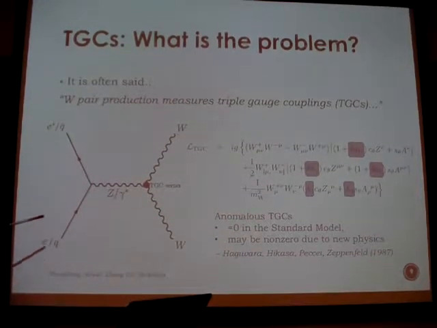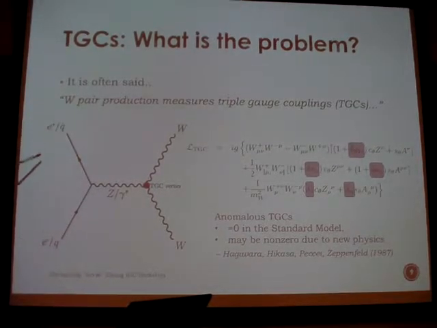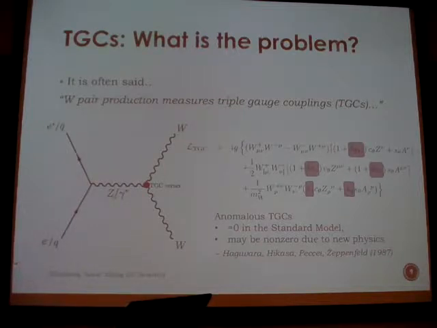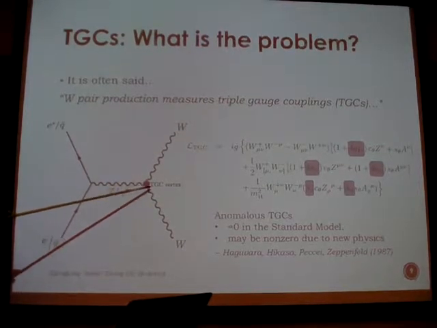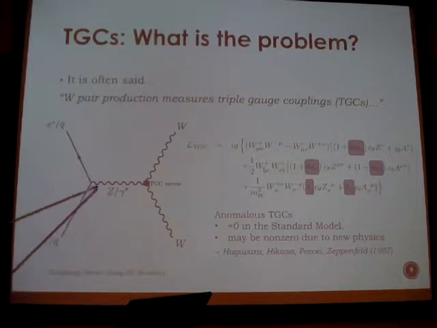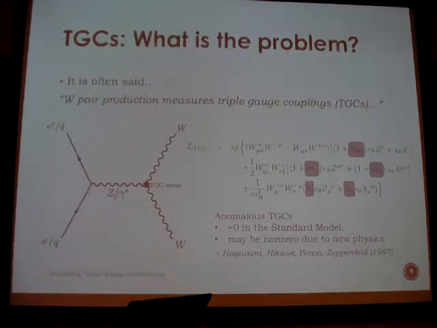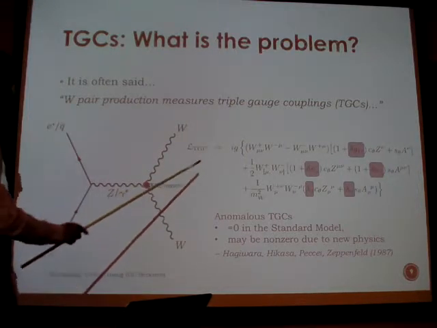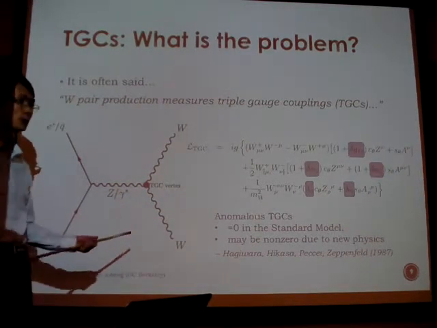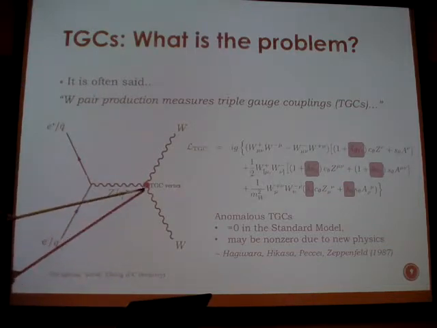When we measure diboson pair production at colliders, either from e+e- or from proton-proton, this is one of the diagrams that contributes, and it involves this triple gauge coupling vertex with a neutral gauge boson going to a pair of W's. The form of this vertex is uniquely fixed in the standard model by gauge invariance, but if we have new physics, it can go into this vertex.